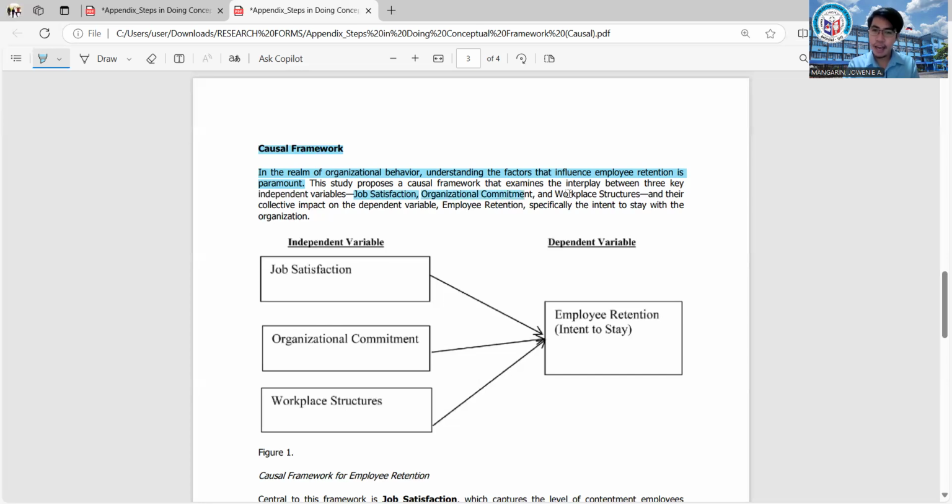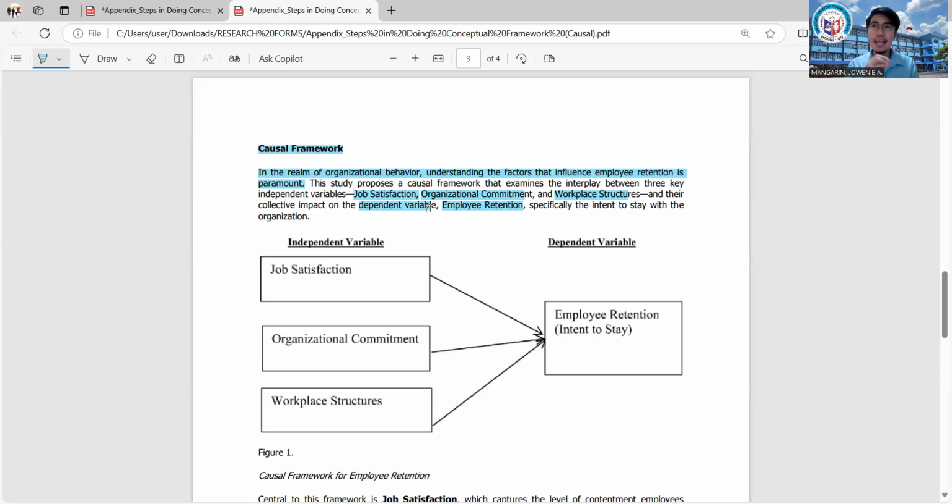And then, ano yung kanilang impact doon sa tinatawag natin na employee retention, which will serve as the dependent variable of your paper. Ngayon, for recommendation, kasi walang nakalagay dito sa ating sample, it will be better, like what I have mentioned in the guidelines a while ago, if you will identify mediating or moderating variables sana.